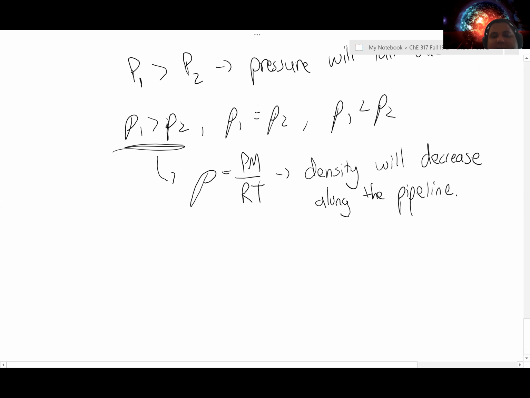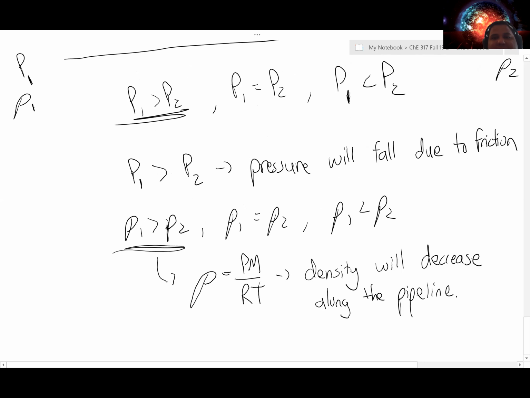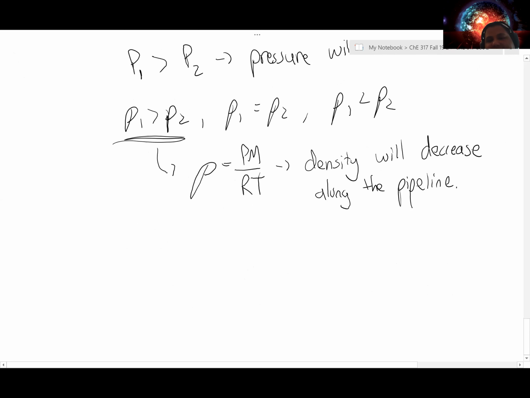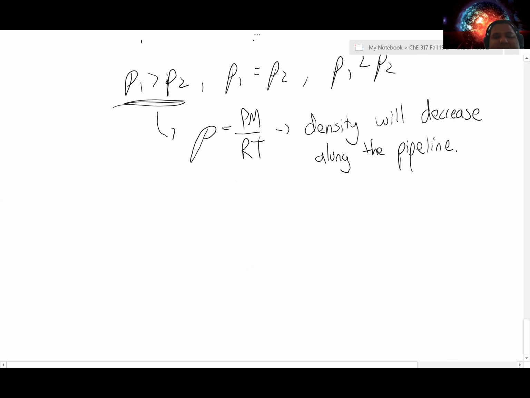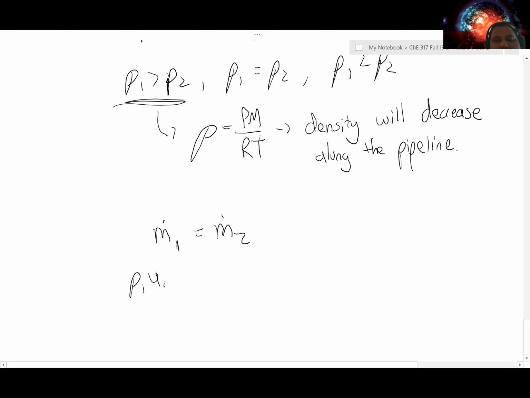Now let's consider, knowing that pressure is going to fall with friction, density is going to fall because the pressure is less. I have that same mass balance, M1 equals M2, rho 1 U1 A1 is equal to rho 2 U2 A2.